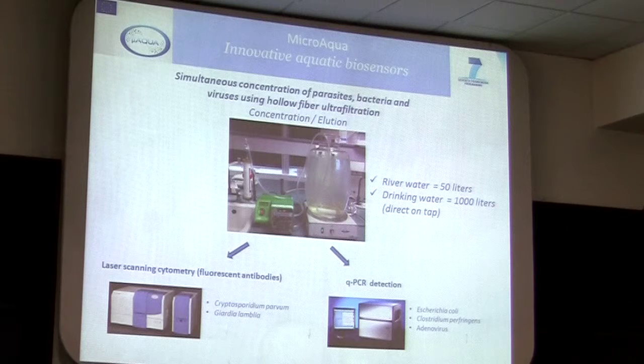The cartridge is then eluted and the concentrate is collected, and it was further analyzed with laser scanning cytometry using fluorescent antibodies for the parasites, or by quantitative PCR detection for bacteria and viruses.